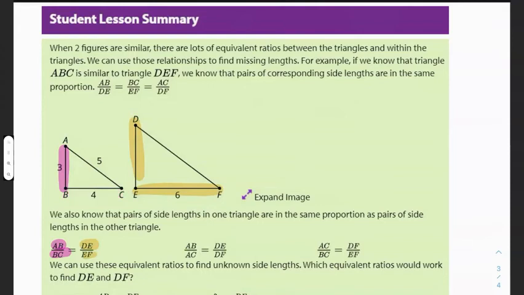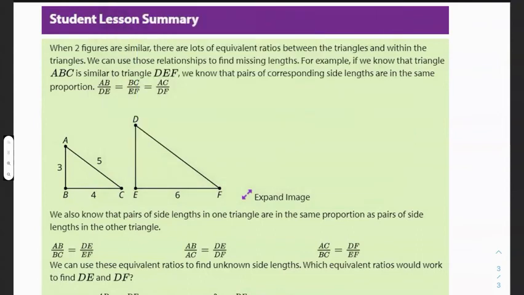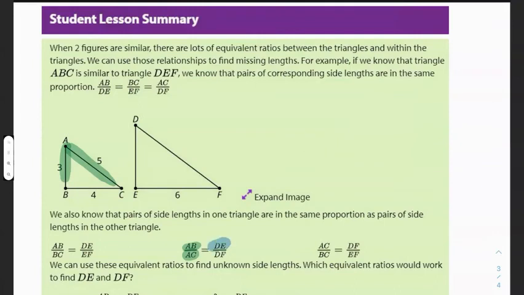Let's look at another proportionality statement. AB is to AC, so the short leg to the hypotenuse, is to DE, which is the short leg, to, again, the hypotenuse. So notice the proportionality statements: you're comparing corresponding sides of two triangles that are similar.